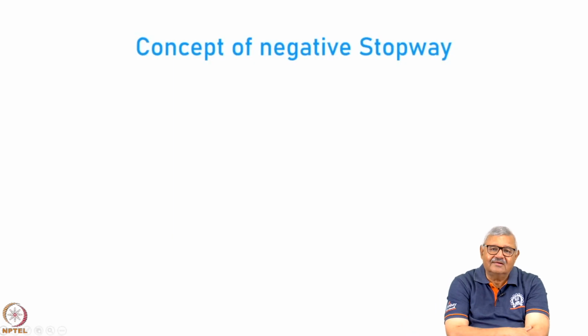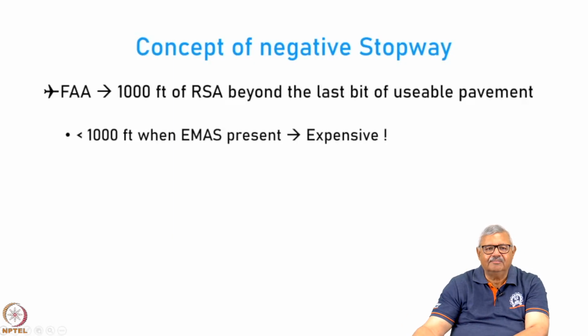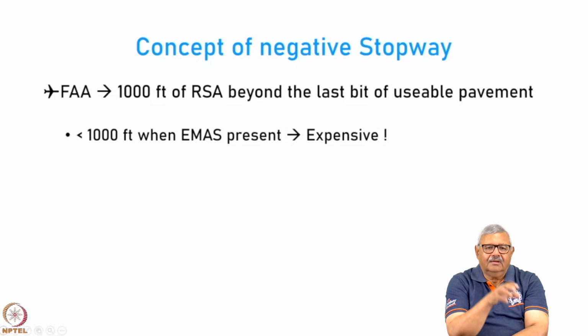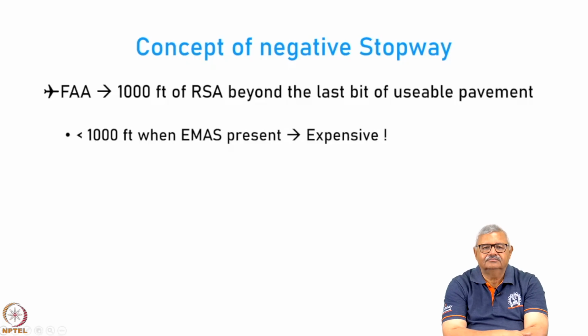But there is also an interesting concept of negative stopway. Okay. Let us have a look at it by an example. Now, FAA specifies that there should be 1,000 feet of runway safety area beyond the last bit of usable pavement at any airport, right.